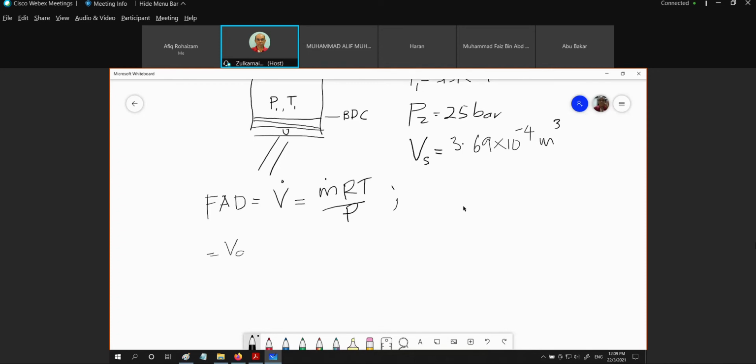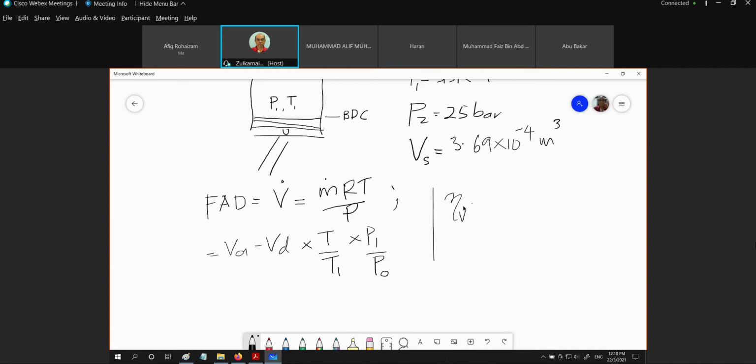this formula. So this should be your V dot. Mana saya dapat ni? Ini kita dapat daripada persamaan volumetric efficiency.